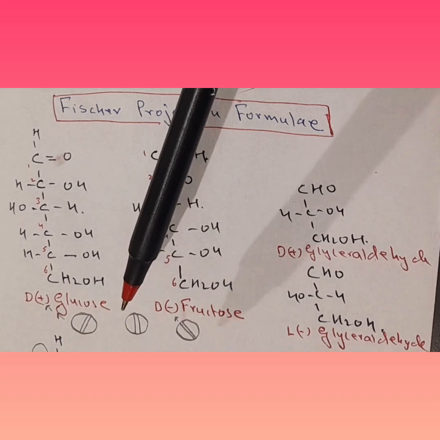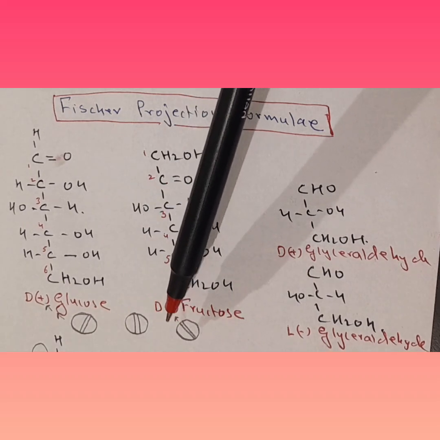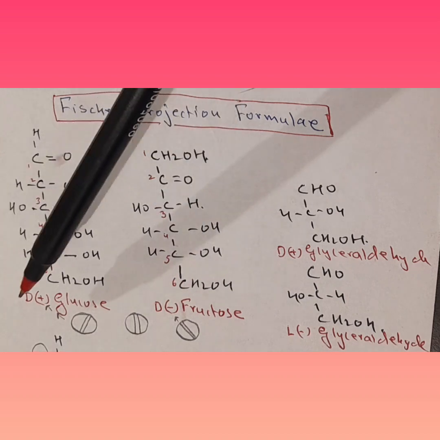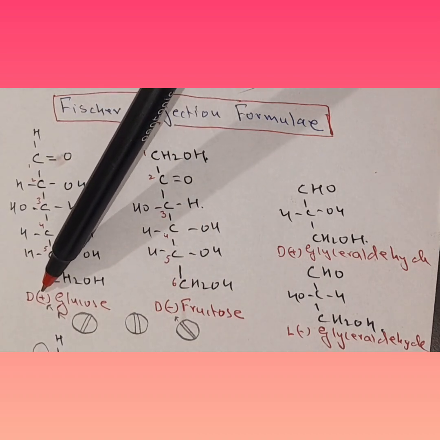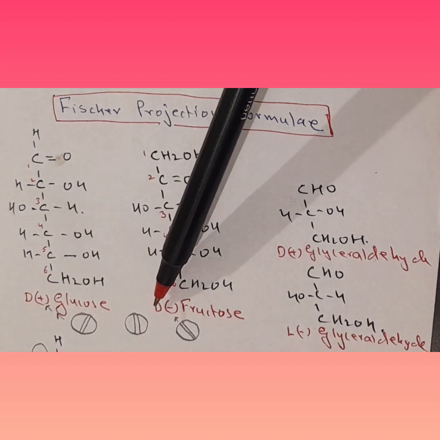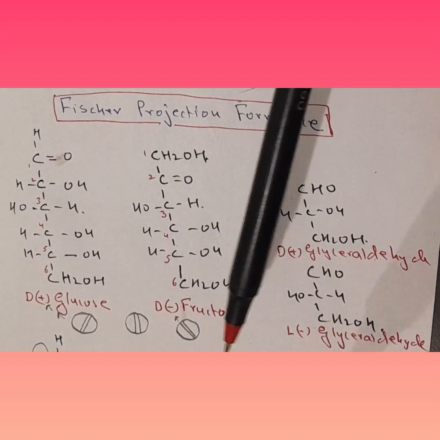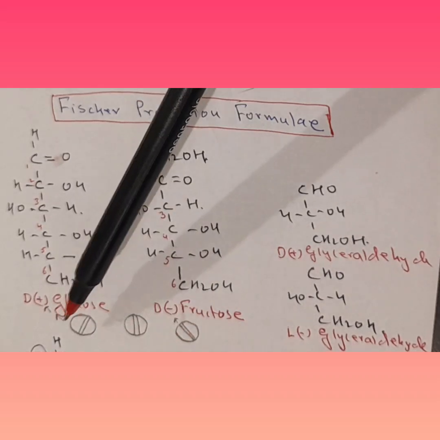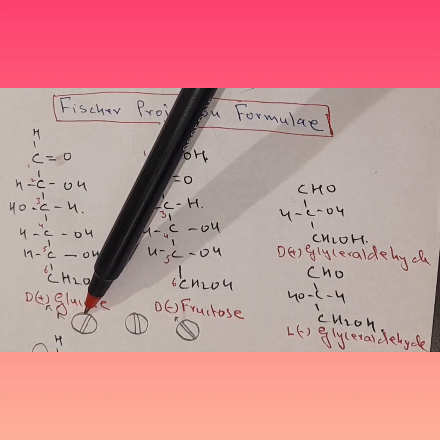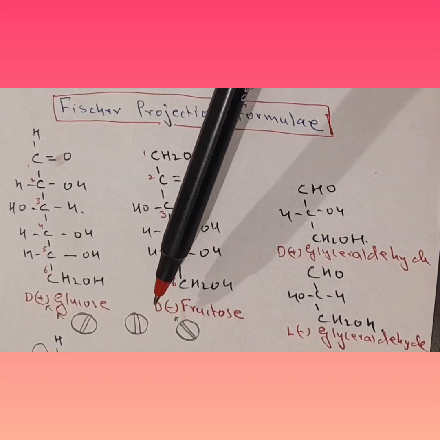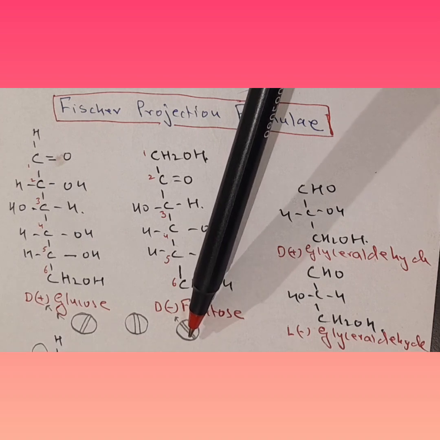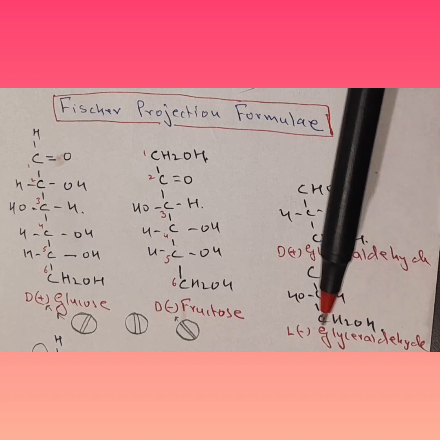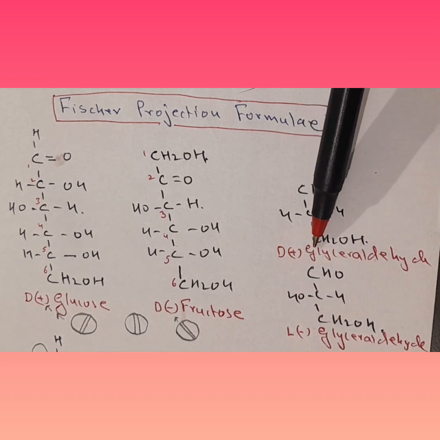Another interesting thing is that in this case we put a small l, whereas in this case we put a small d. Whenever we talk about small d, it is dextrorotatory, and whenever we talk about small l, it is levorotatory. But if we talk about capital L or capital D, it's based on glyceraldehyde.